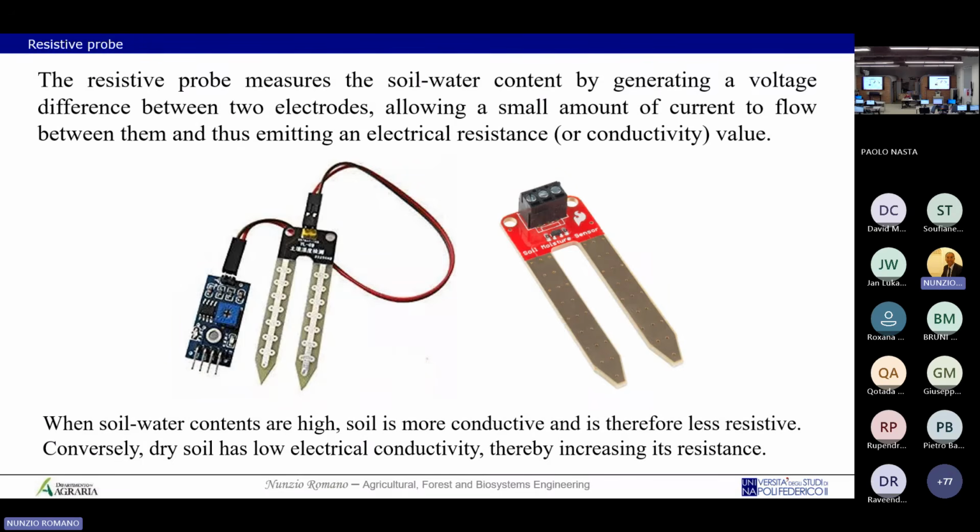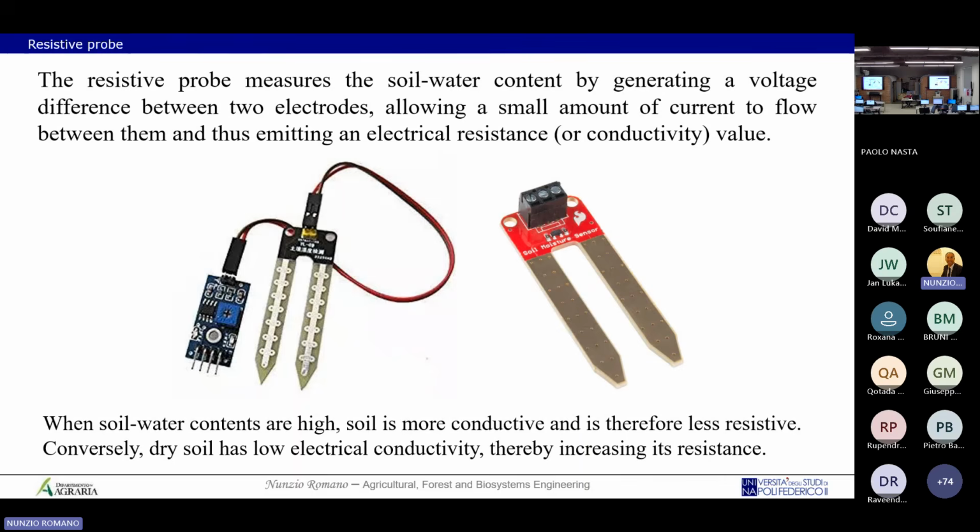You can buy these even on Amazon, and it's very cheap, about 10 or 20 euros for each probe. It's very easy; you can put these in the plant on your balcony at home, but the accuracy and the precision are relatively low. Just to give you an average of the amount of water.